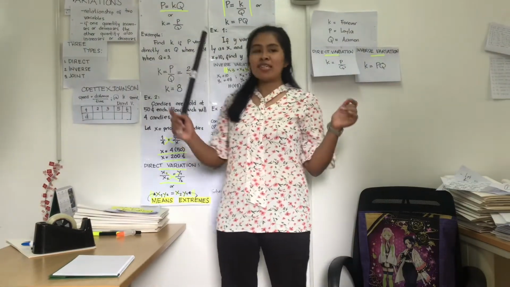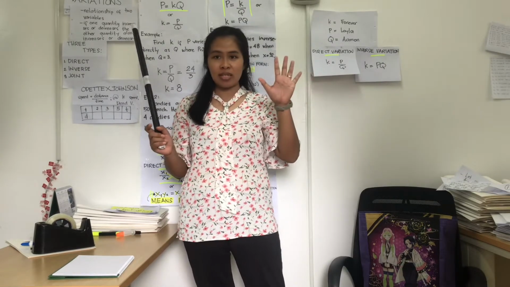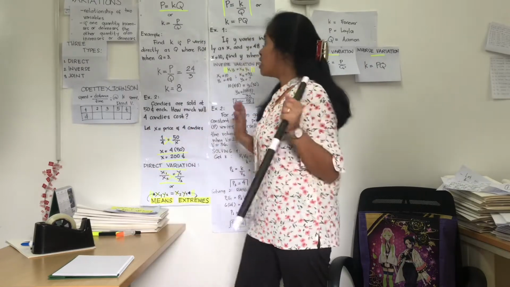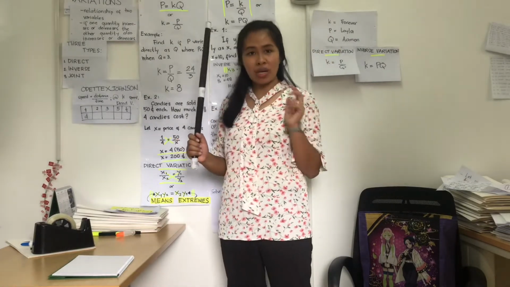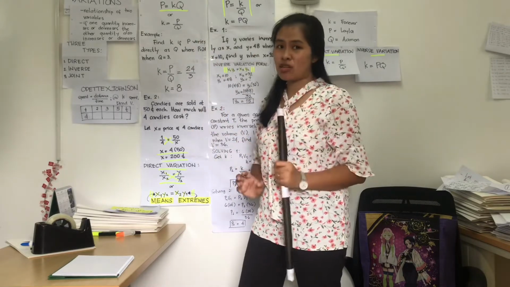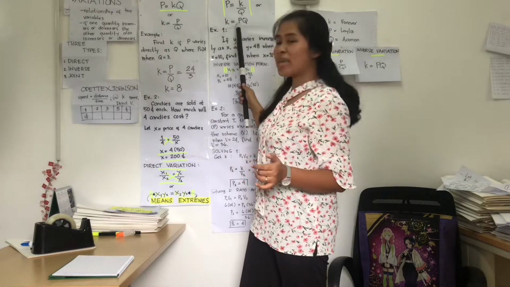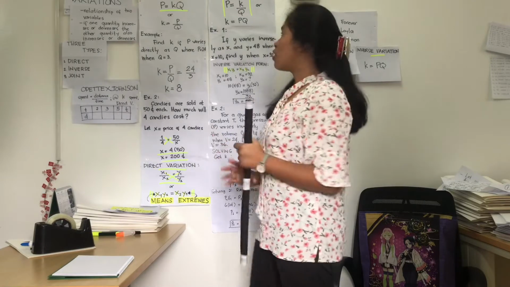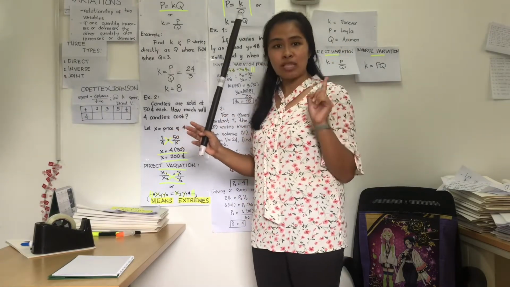So, does anyone know the difference between direct and inverse variation? Yes, that is correct. Direct variation is the quotient of two quantities, P and Q, while inverse variation is the product of two quantities, P and Q. Let's assume that we have a constant number. In variations, there should be at least one constant.